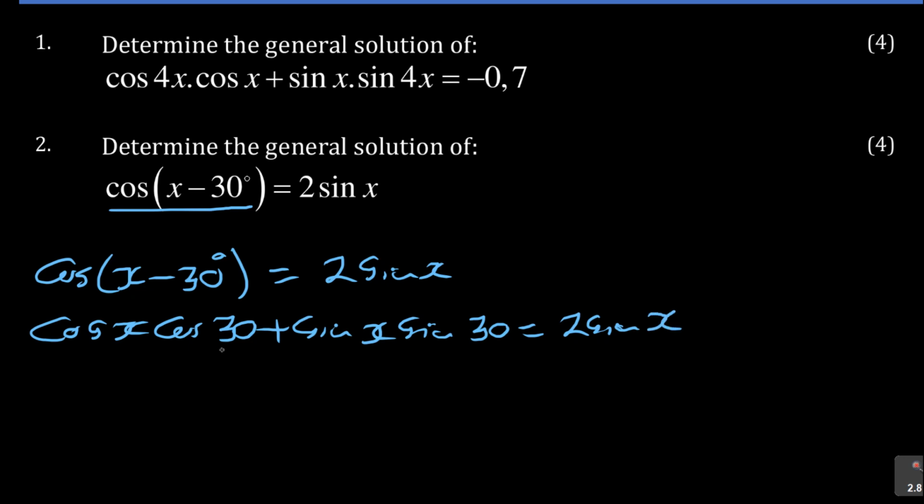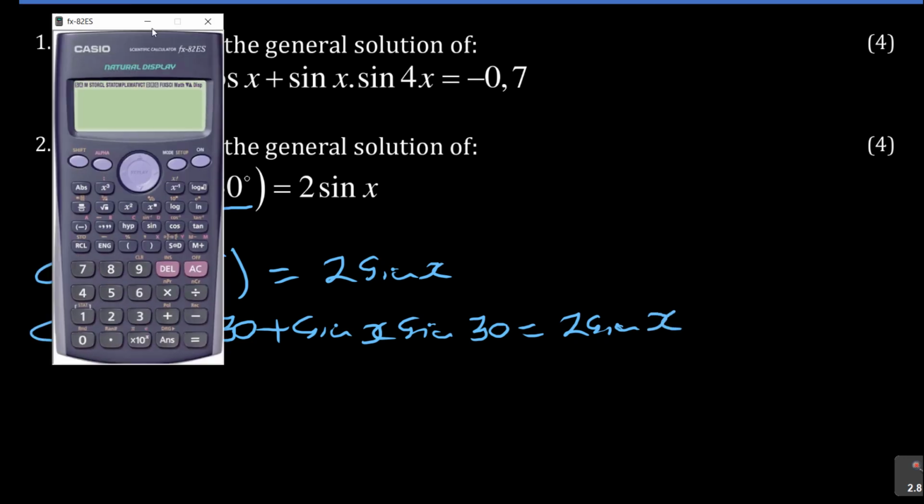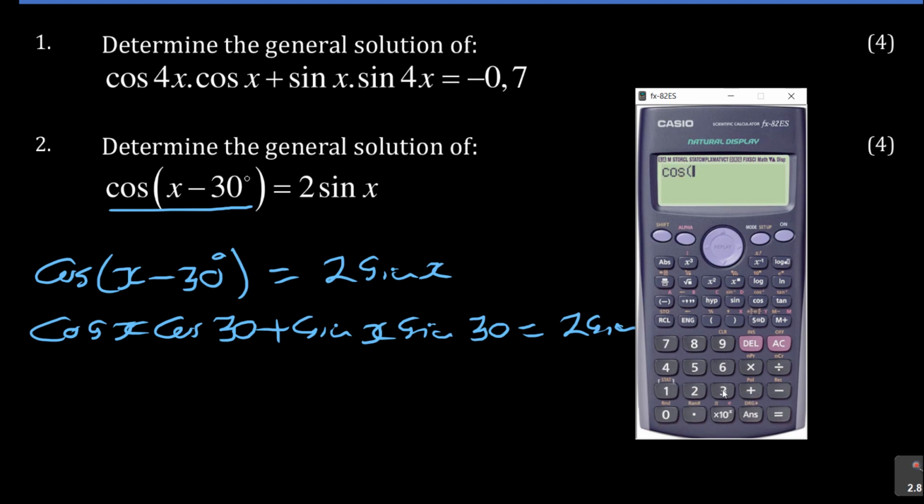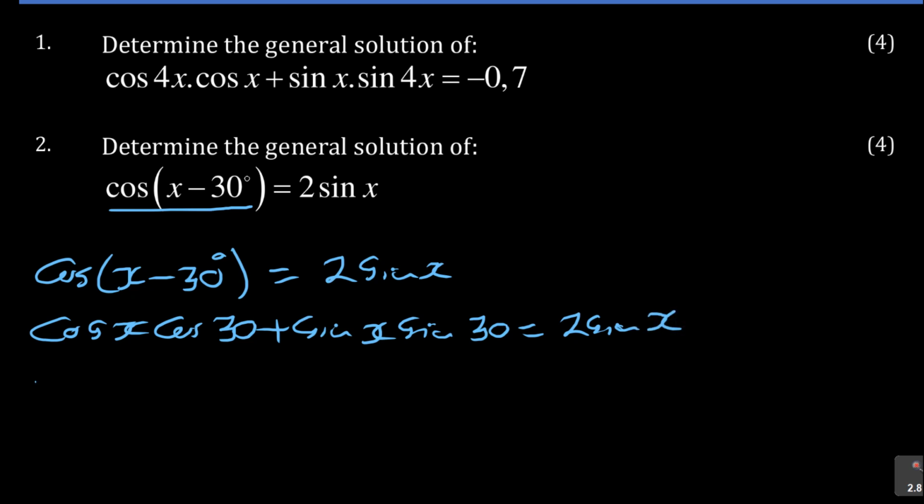Then cos 30 and sin 30, what is that? Cos 30 is equal to square root of 3 over 2, sin 30 is equal to half, these are special angles. So here you have got square root of 3 over 2 cos x plus 1 over 2 sin x.